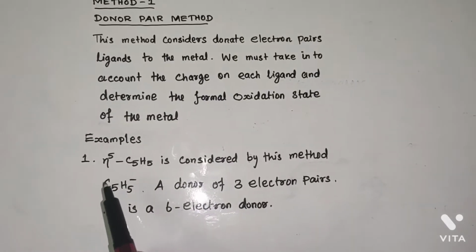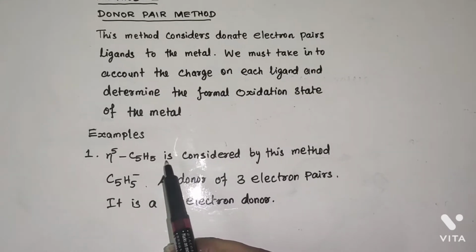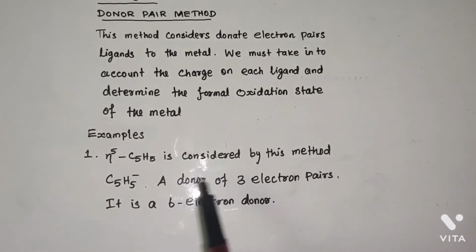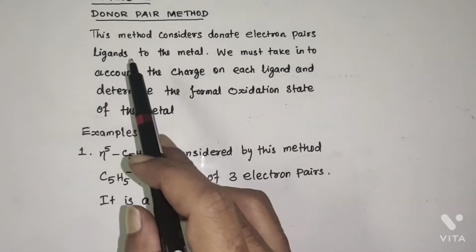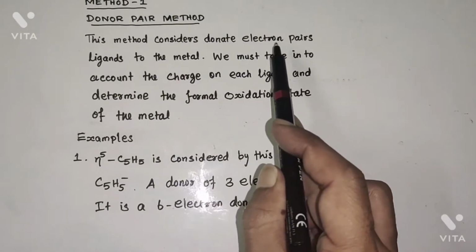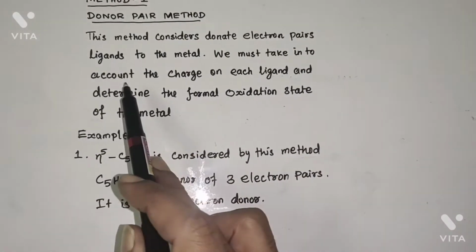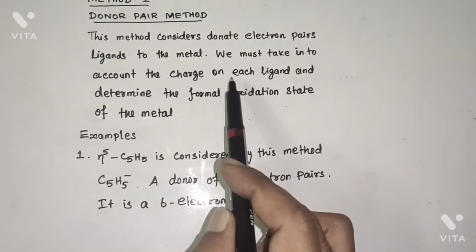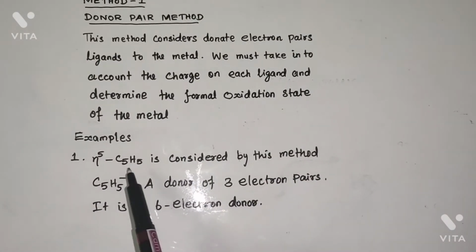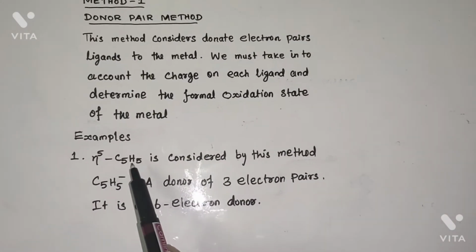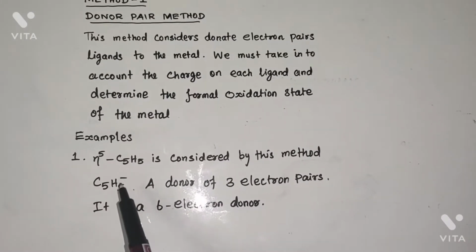For example, pentahaptocyclopentadienyl is considered by this method as C5H5-.